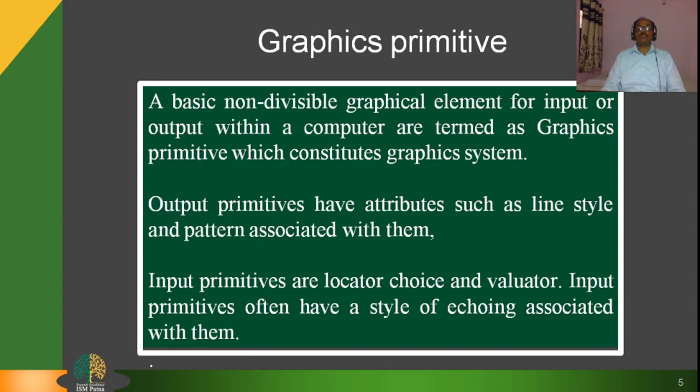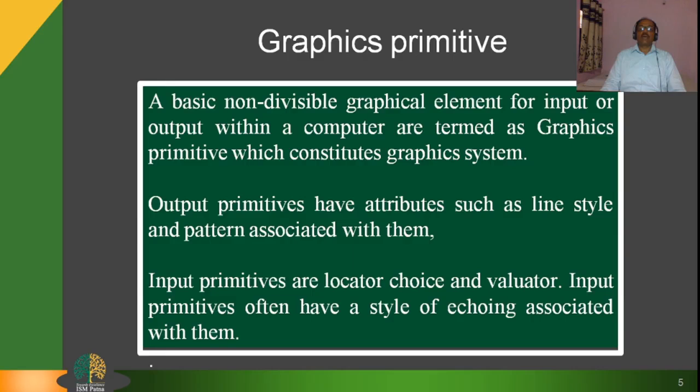So, we have some primitives. A basic non-divisible graphical element for input or output within a computer graphics system is also known as a primitive. Some primitives are known as input primitives, whereas some are known as output primitives.